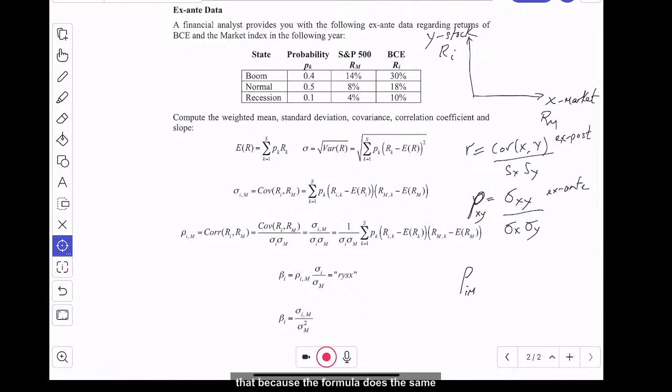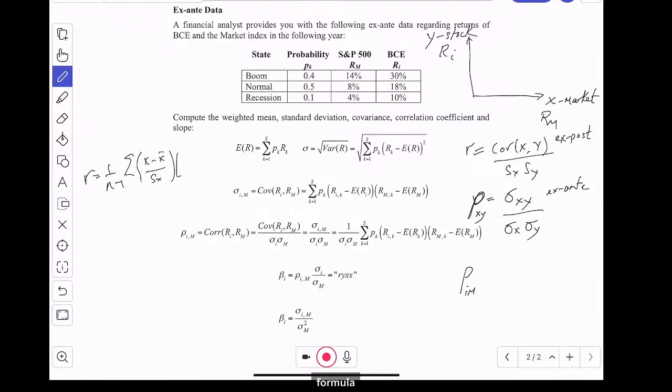Remember that, because the formula does the same thing to x as it does to y. Whatever you do to x, you're doing to y the same. It's a tendency in statistics to put things in alphabetical order, so that's why x comes first and then y.